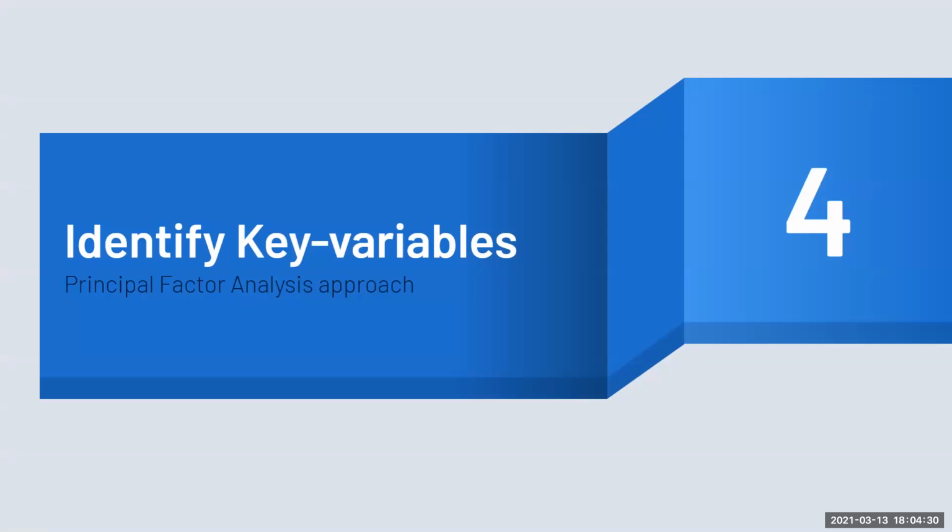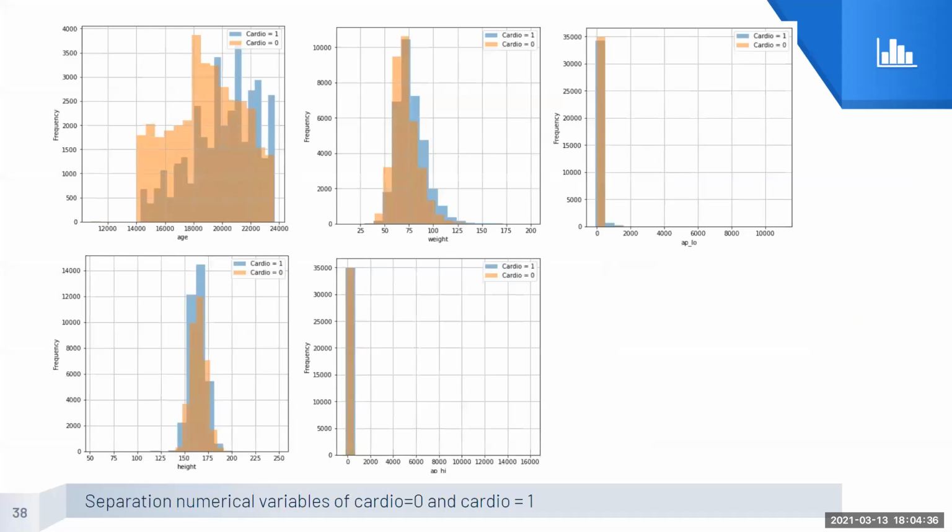Then to help identify some key variables within our data set, we decided to take a principal factor analysis approach. The first part before conducting principal factor analysis was looking at the distribution through a histogram of the 2 different groups, the presence of cardiovascular disease and the absence of cardiovascular disease.